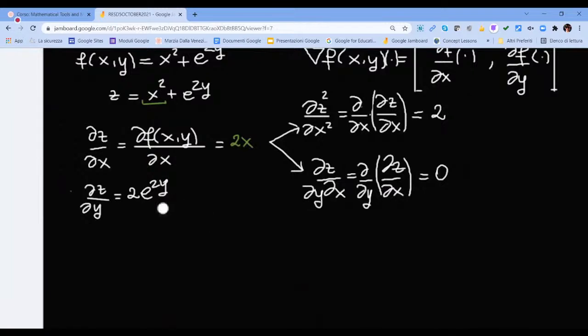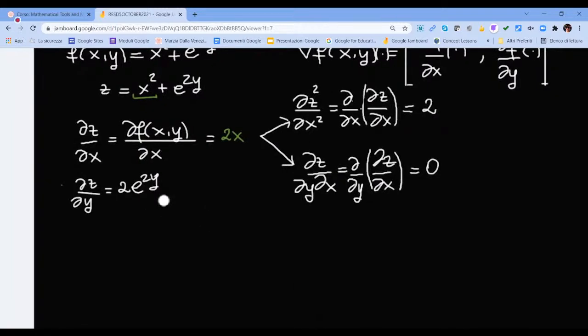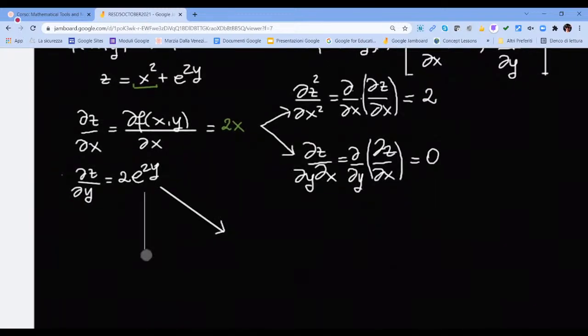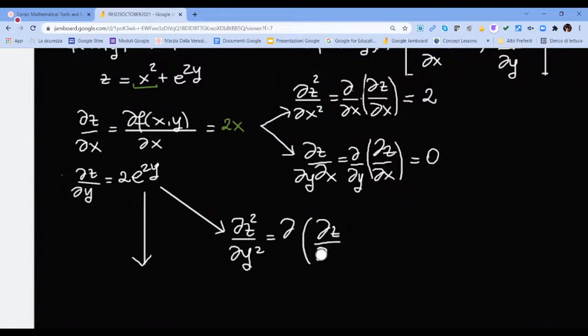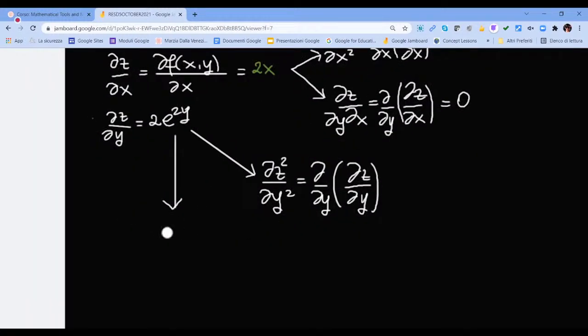The same kind of computation can be done by considering the second partial derivatives with respect to x and y of the first partial derivatives. So these are the second partial derivatives with respect to y squared. That is, first of all, we have to take this derivative that we already computed and then derive again with respect to y.